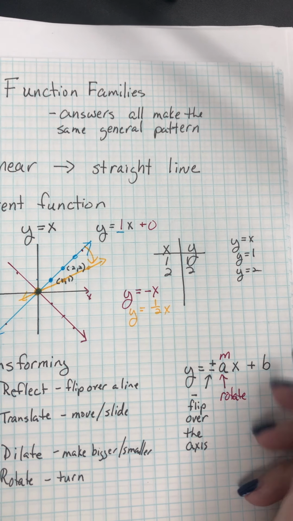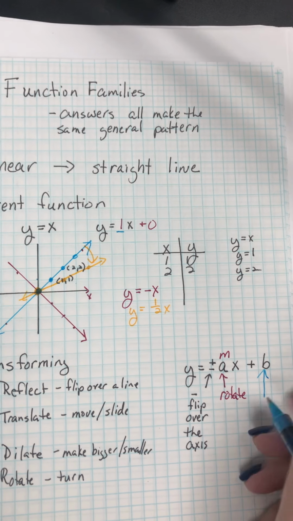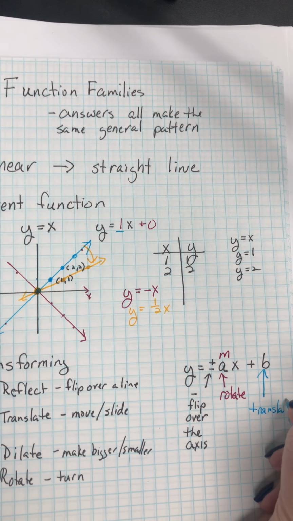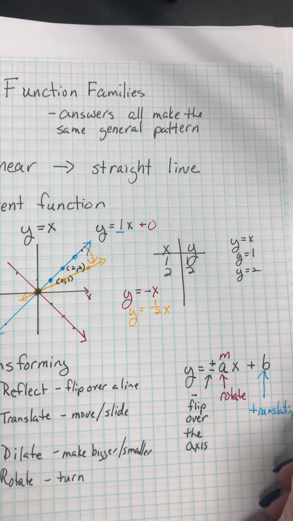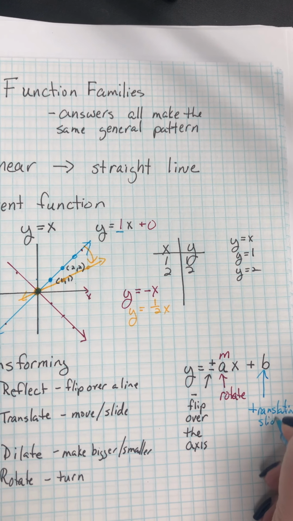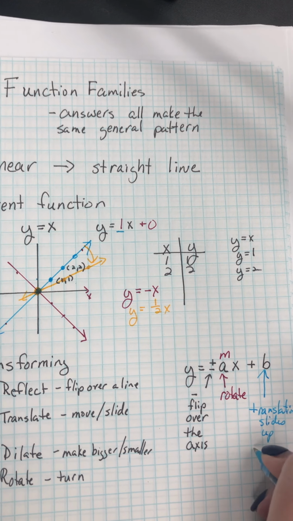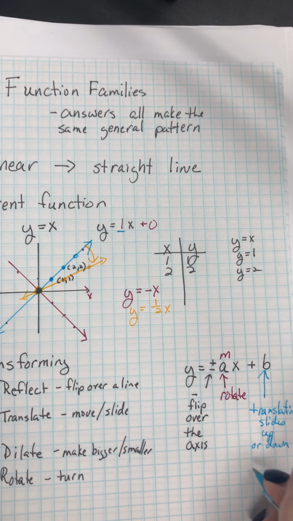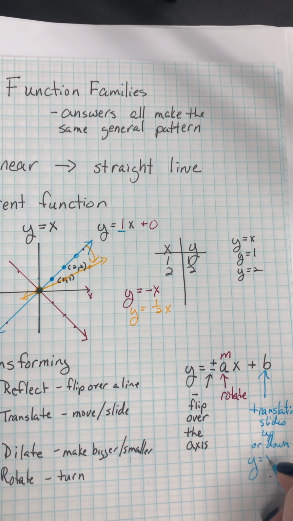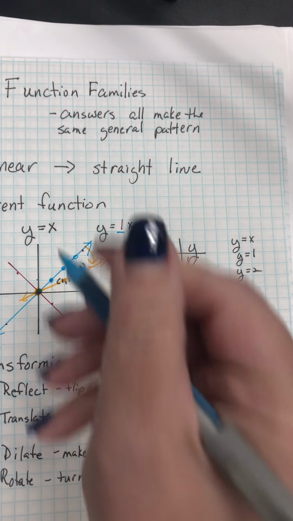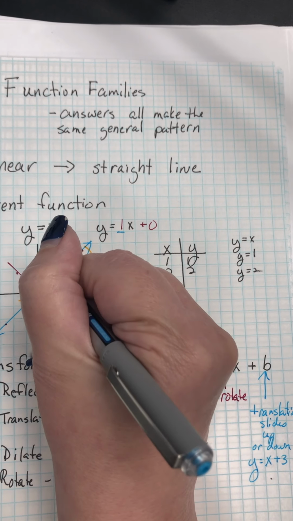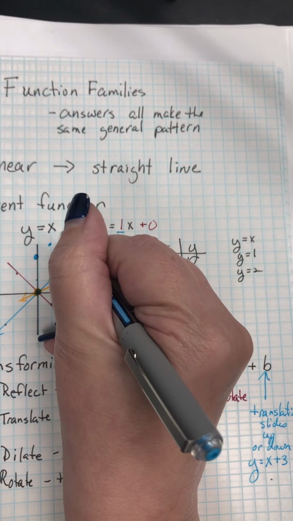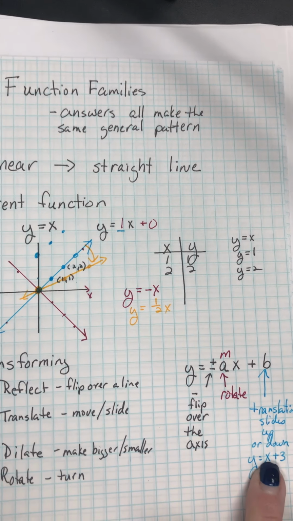And the b results in a translation. So it slides up or down. So for example, if we had y equals x plus 3, if we graph that, I would start at 3, but our slope would still be 1.